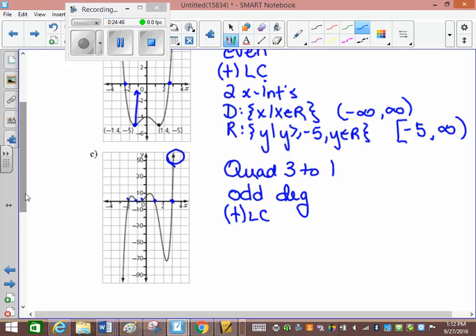This looks like it actually goes through, so I'm going to say 5 x-intercepts. So it's going to have to be at least degree 5, right? Domain is x ∈ ℝ, range is y ∈ ℝ.